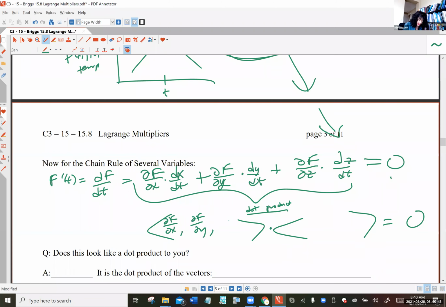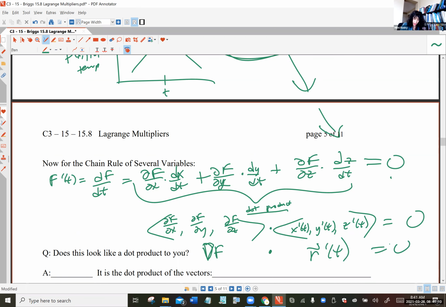It turns out you're going to have a vector df dx, df dy, df dz, which has another name. It's the gradient of big F. And you're taking the dot product of that with x prime of t, y prime of t, z prime of t. And that happens to be the derivative of the vector valued function. It's basically the tangent vector, r prime of t.